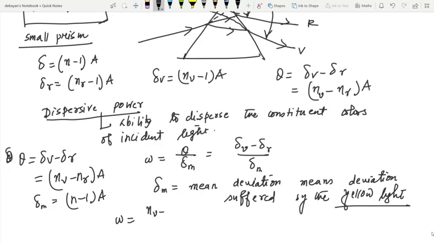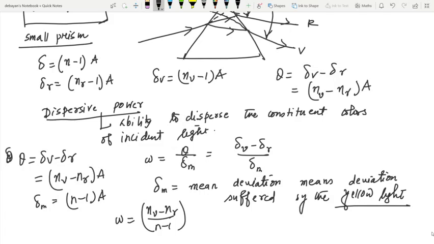So dispersive power depends only on the nature of the material of the prism. It is independent of the angle of the prism. Dispersive power is a dimensionless quantity and has no unit. And of course the dispersive power of a material is measured for blue and red light in an experiment.